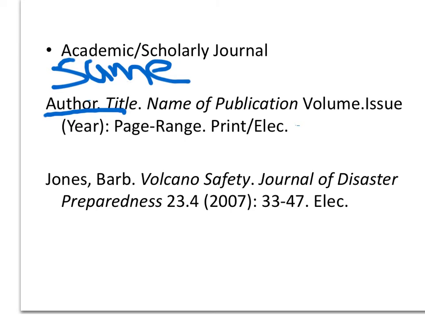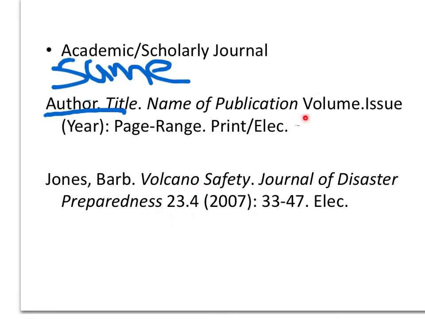So when we look at our example here, we notice that we need an author and a title. So we have Barb Jones, and then the title, Volcano Safety. So we notice the name of the publication is in italics, so we now have the Journal of Disaster Preparedness. So that's the name of the publication. We need a volume number and an issue number, so we have that 23.4.